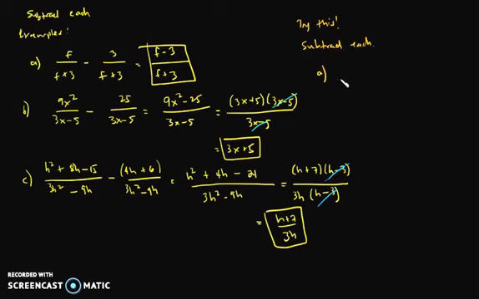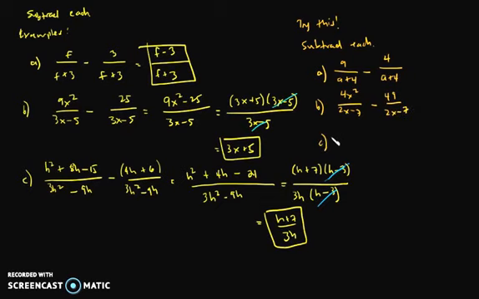Okay, so for letter A, you have a over a plus 4 minus 4 over a plus 4. For letter B, you have 4x squared over 2x minus 7 minus 49 over 2x minus 7.